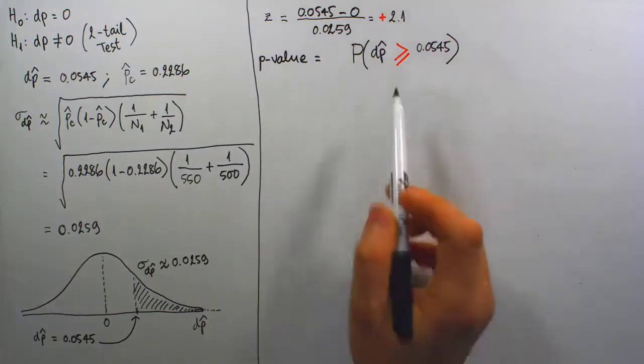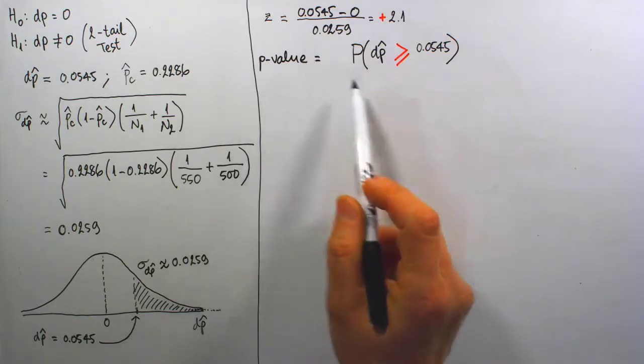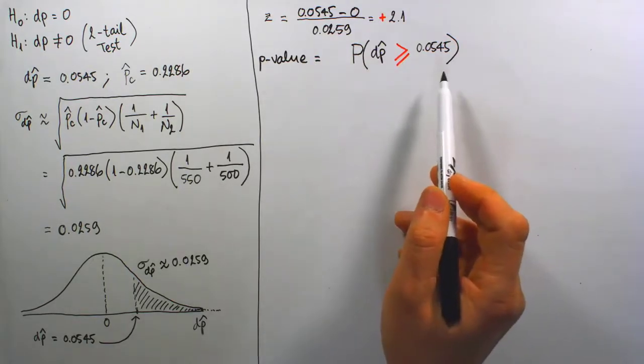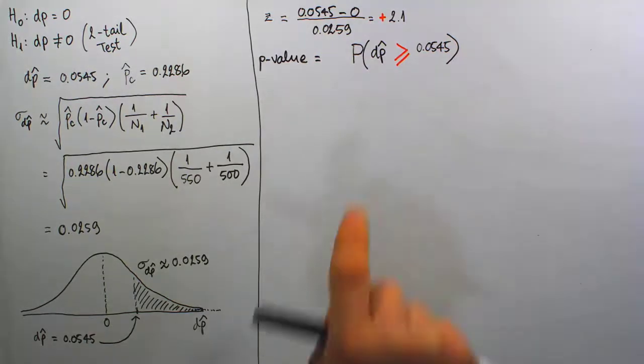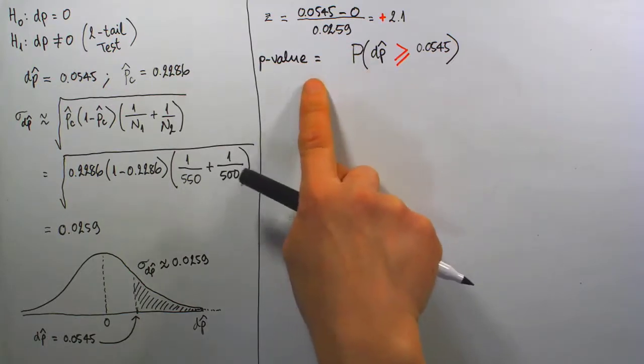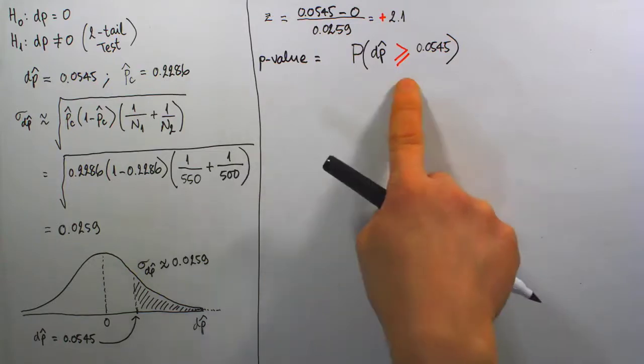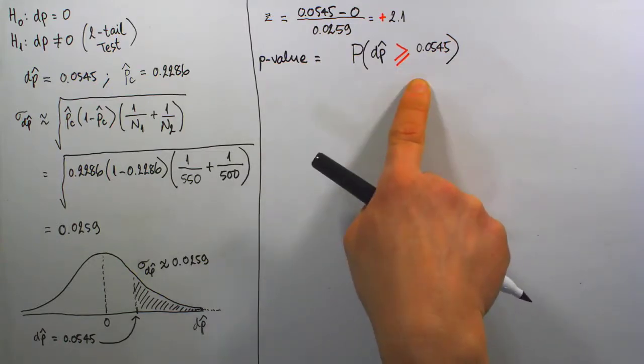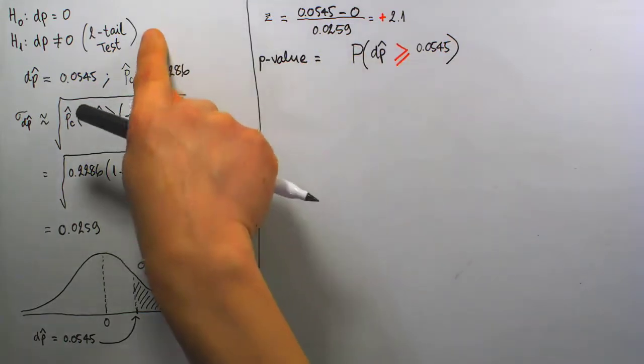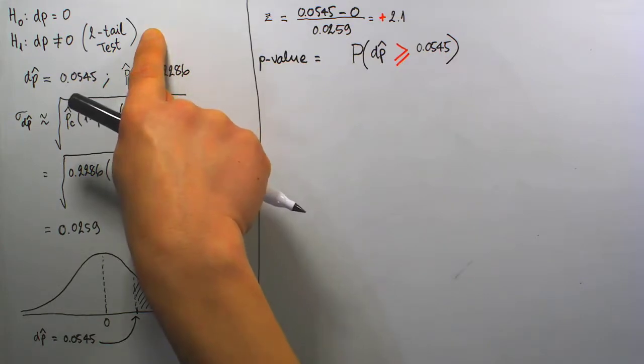So currently we're setting up the probability calculation as a right tail. But in the end, this statement by itself only indicates how we run a right tail test. Indeed, our test here from the beginning was already concluded to be a two-tail test.